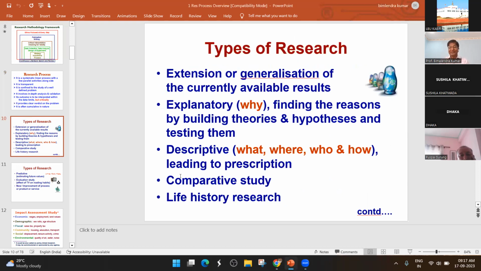Now we are going to discuss the types of research. There are many types of research in the humanities and the social sciences, as well as in literatures. So, for a general idea, we'll briefly introduce the types of research which have been defined in research methodology.